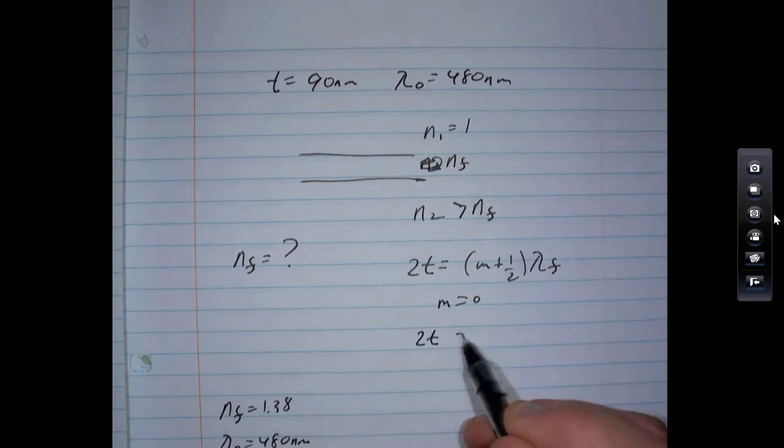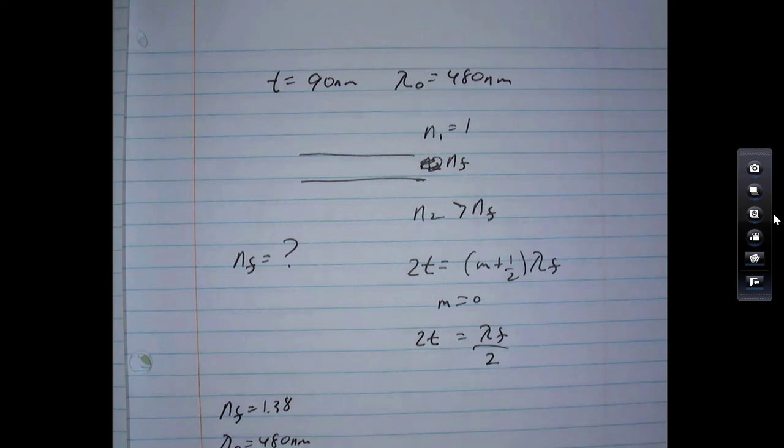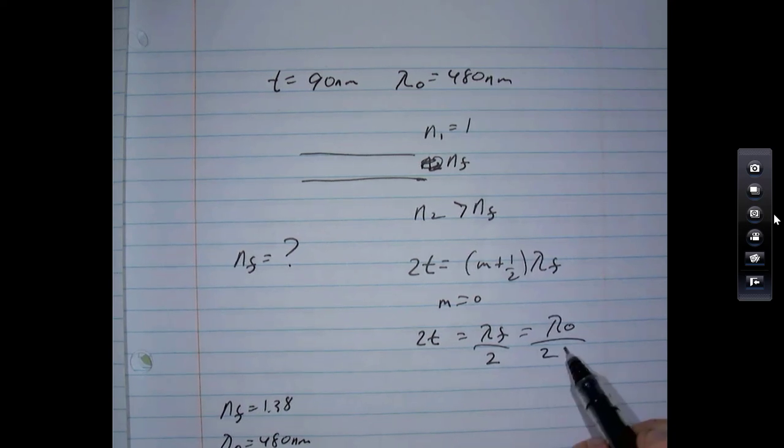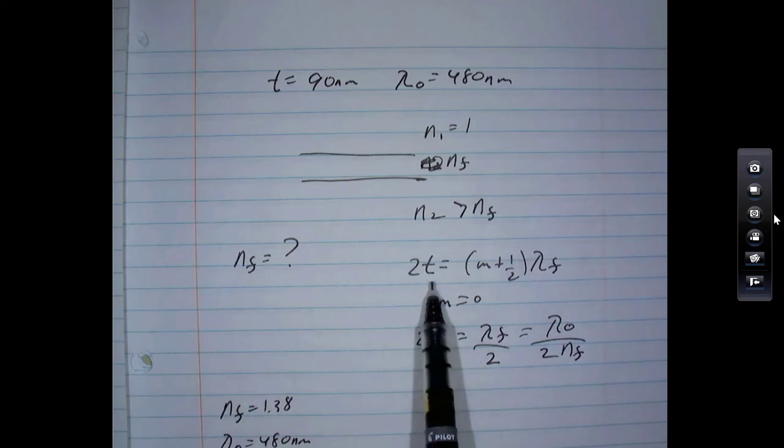2t is the wavelength in the film over 2. And I'm trying to figure out the index of refraction of the film. So this would be the wavelength outside the film, don't forget the 2, and then the index of refraction of the film. Let me just recap. The 2t is still here.